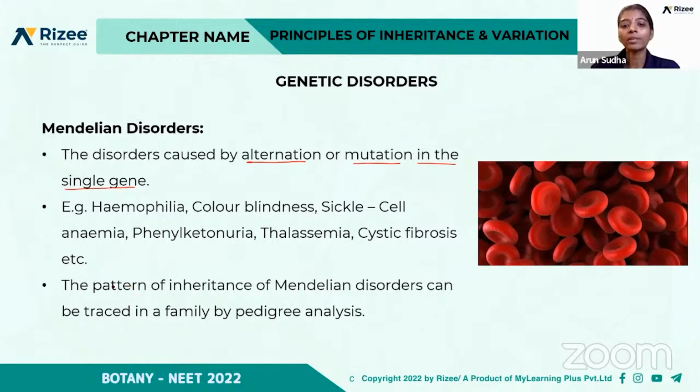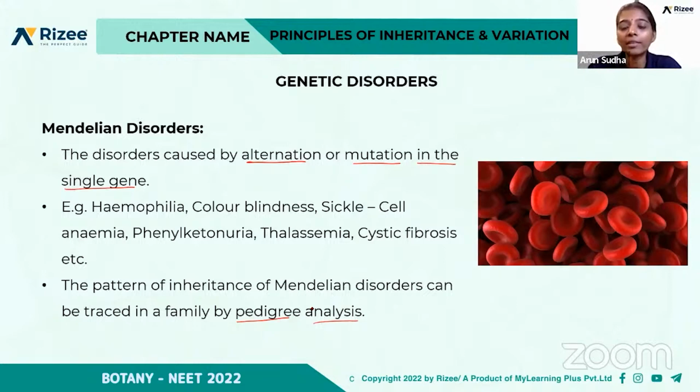Okay. So here, the pattern of inheritance can be traced in a family by pedigree analysis. Already we saw about pedigree analysis and the symbols that we use in a pedigree chart. If you make a pedigree chart, you can easily find out the pattern of inheritance, right?